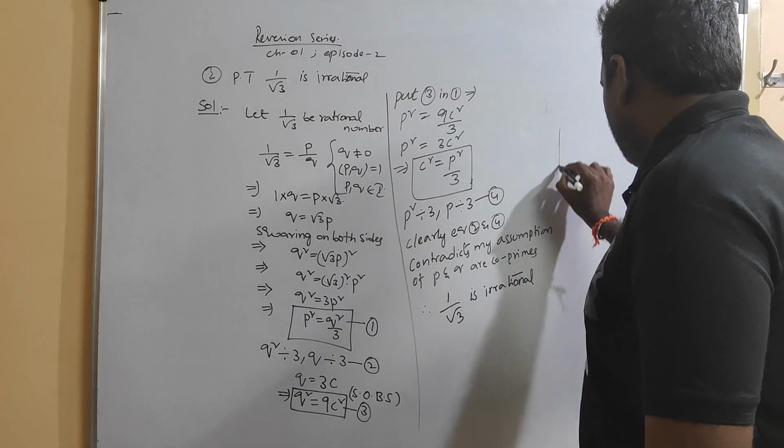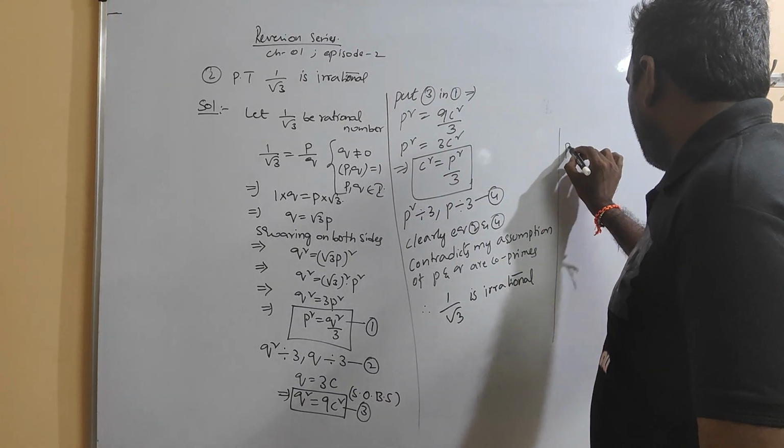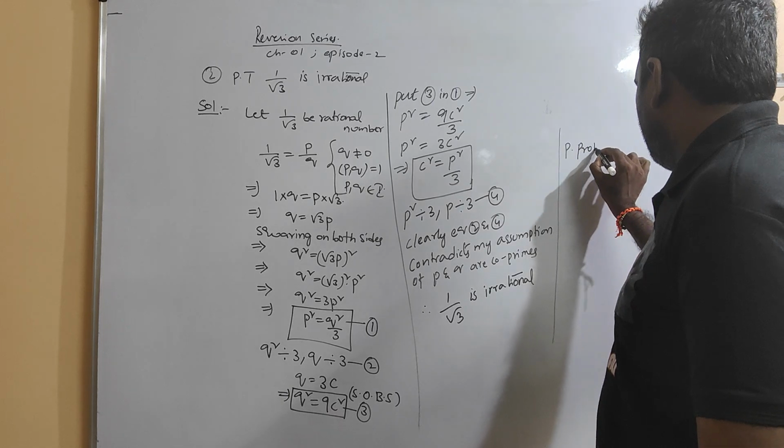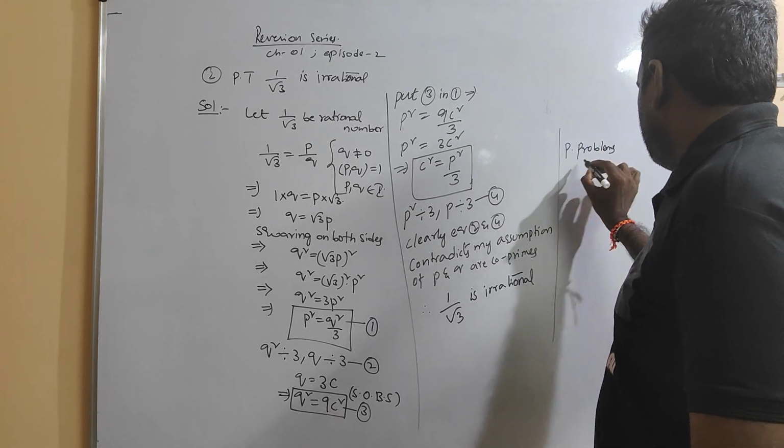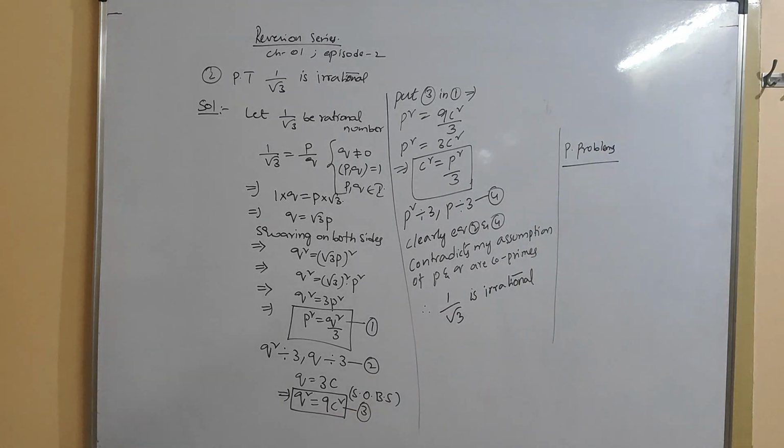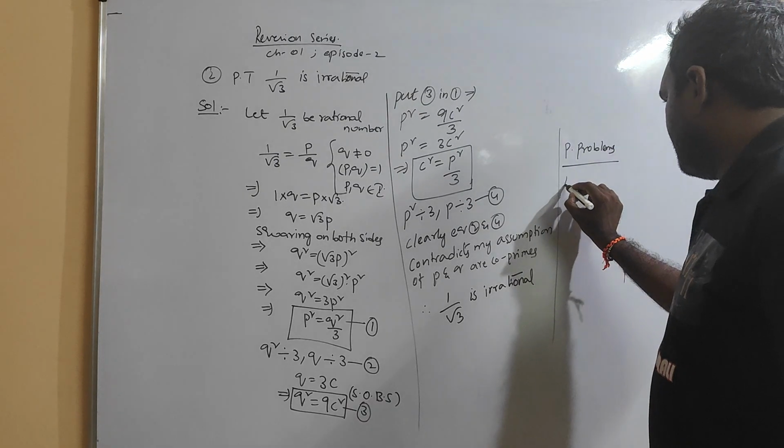For the practice problems, you have to see the problem carefully. If you have any doubt, pause the video and check the problem. Practice the given problems, then only will you be confident. Okay, 1 by root 3 is completed now.